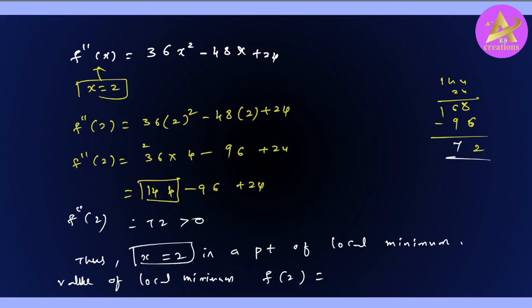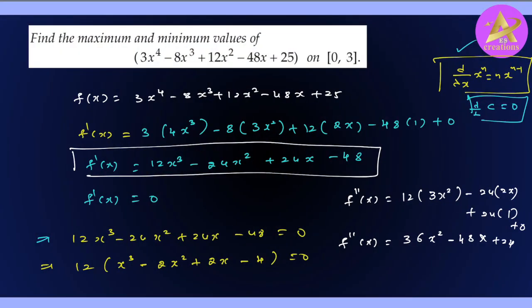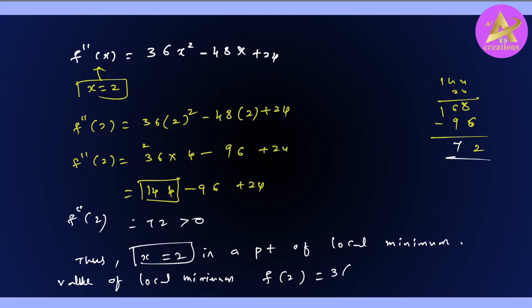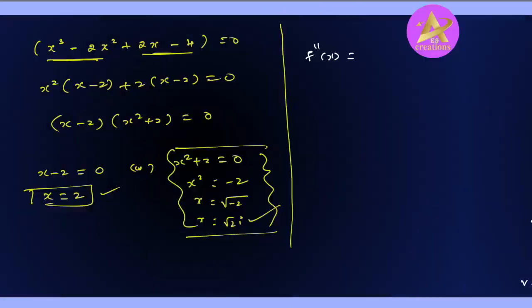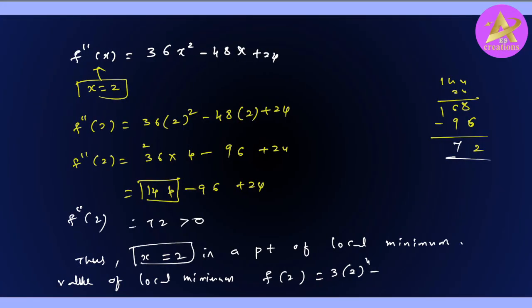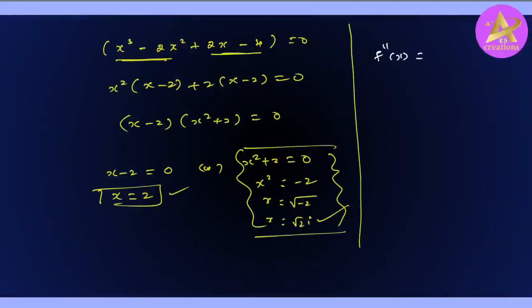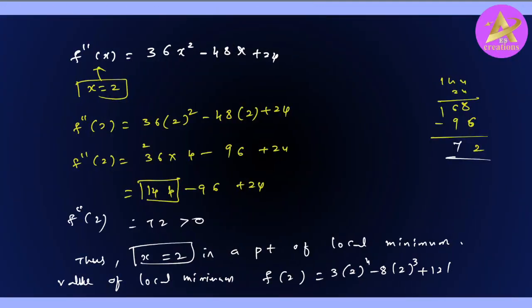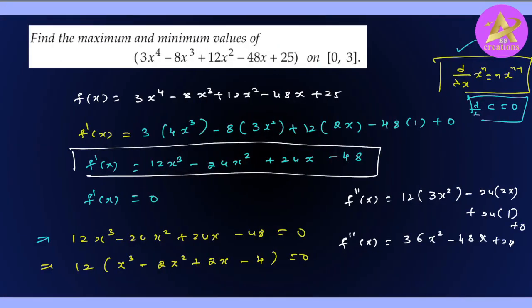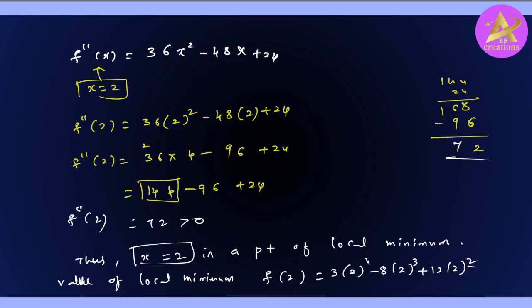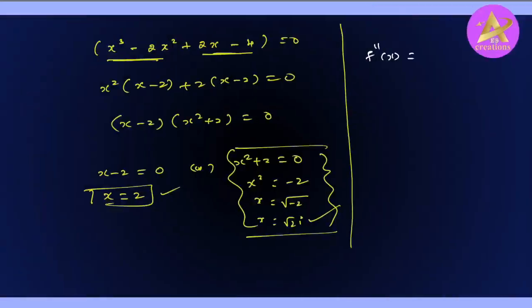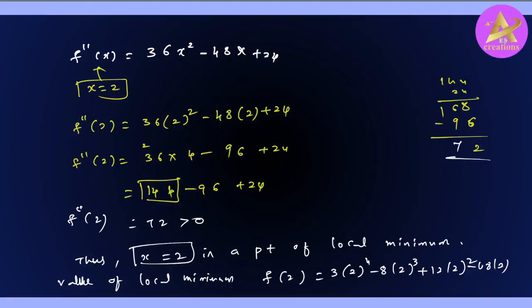If you substitute here, what do we get? 3 times 2 to the power of 4, minus 8 times 2 cube, plus 12 times 2 square, minus 48 into 2, plus 25. Is it correct?